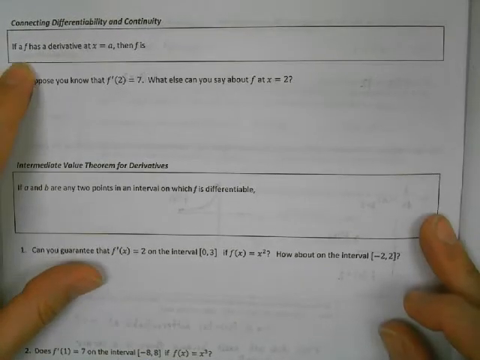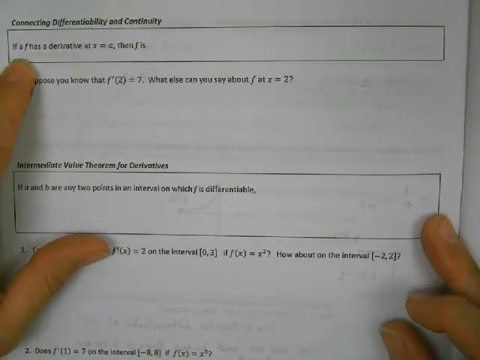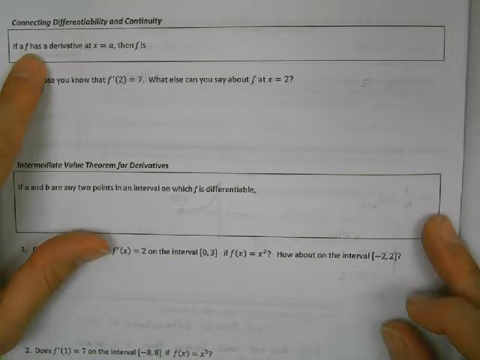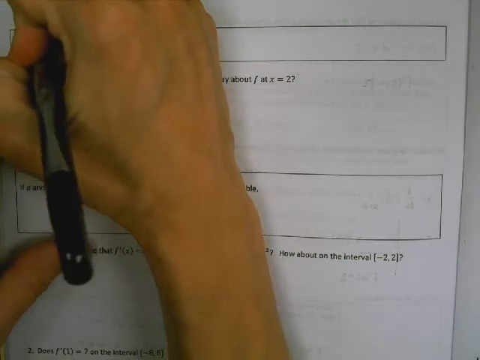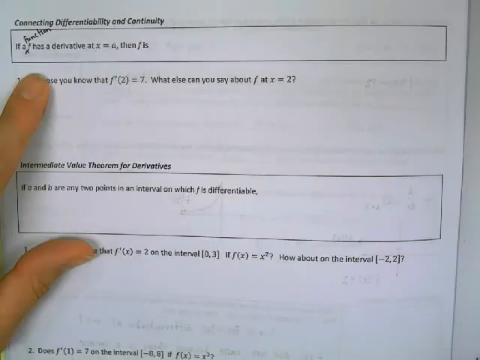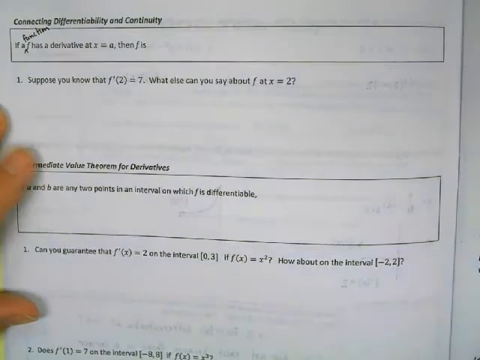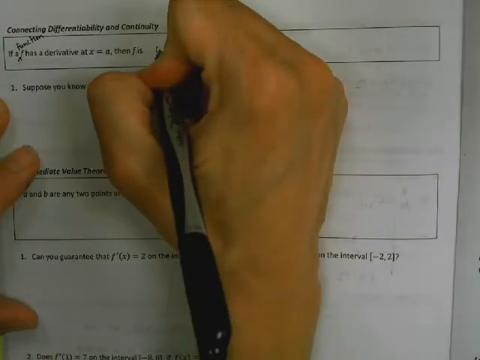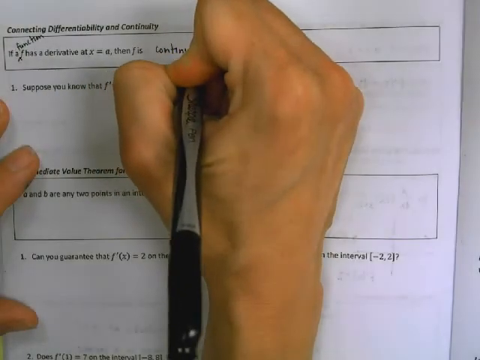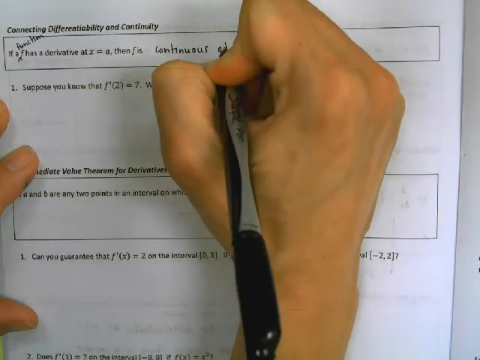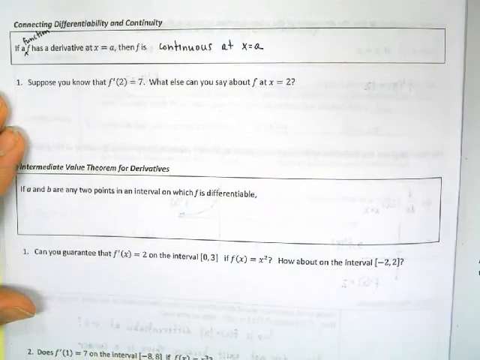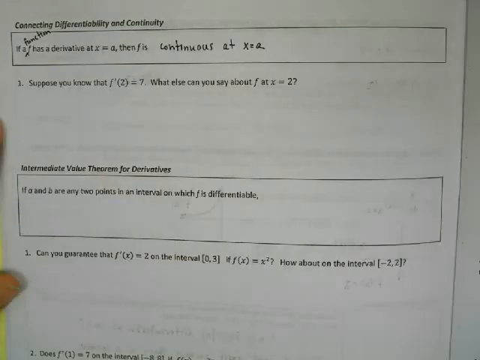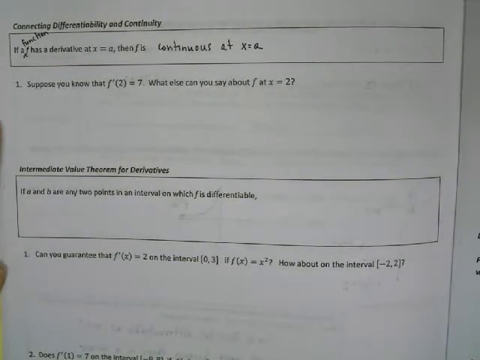We want to say if a function f has a derivative at x equals a, then we also know that f is continuous at x equals a.